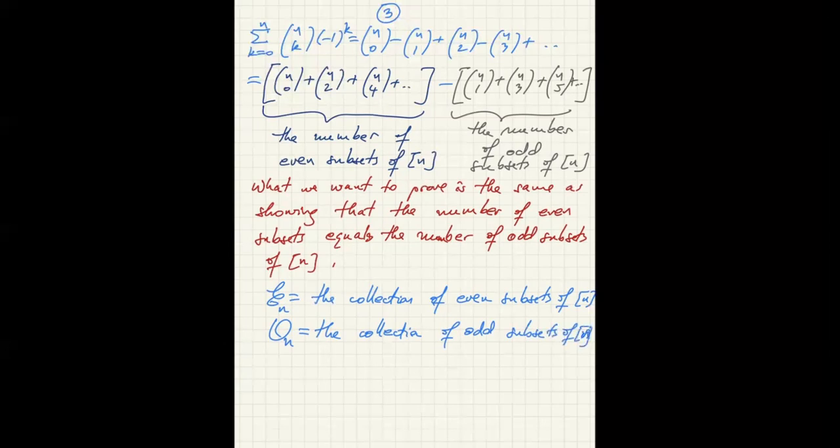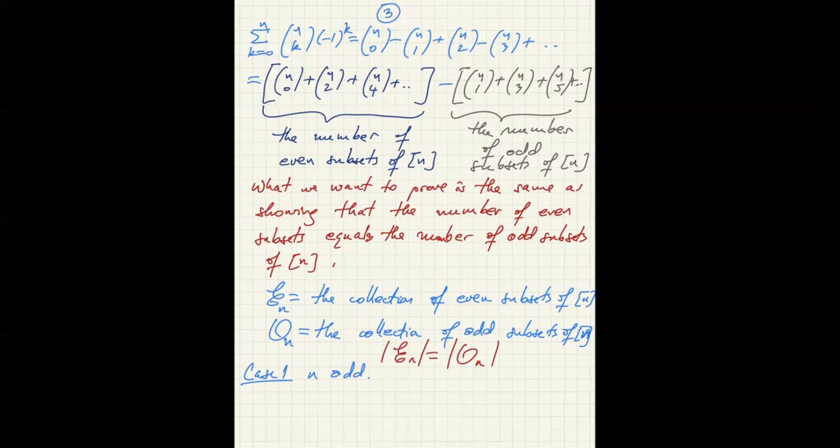Now let's do a proof by cases. Case 1: n is odd. What we want to prove is that the cardinality of E_n is the same as the cardinality of O_n. I'm going to do this by constructing a bijective function between these two sets.